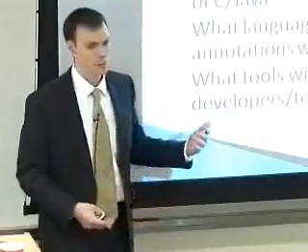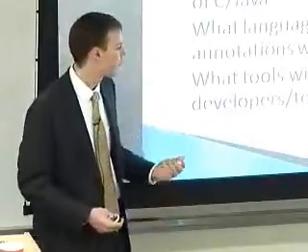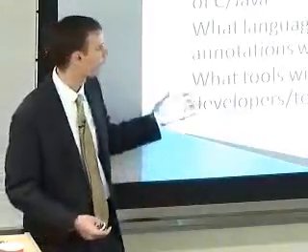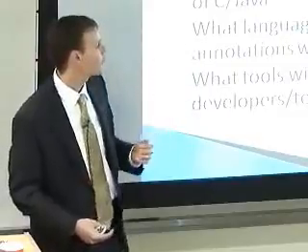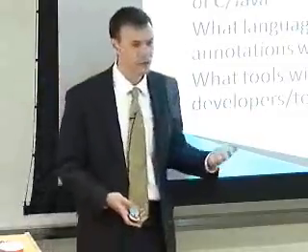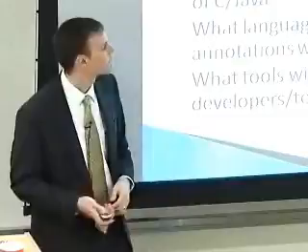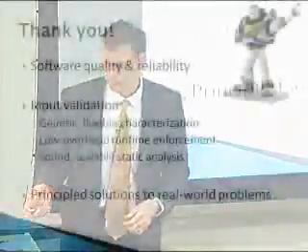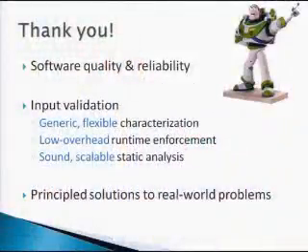So what are some tools that will help developers or testers who are writing these things? And what are some language features or annotations that may help tools? So that's the end of my presentation. If there are questions, I'll be glad to take them.